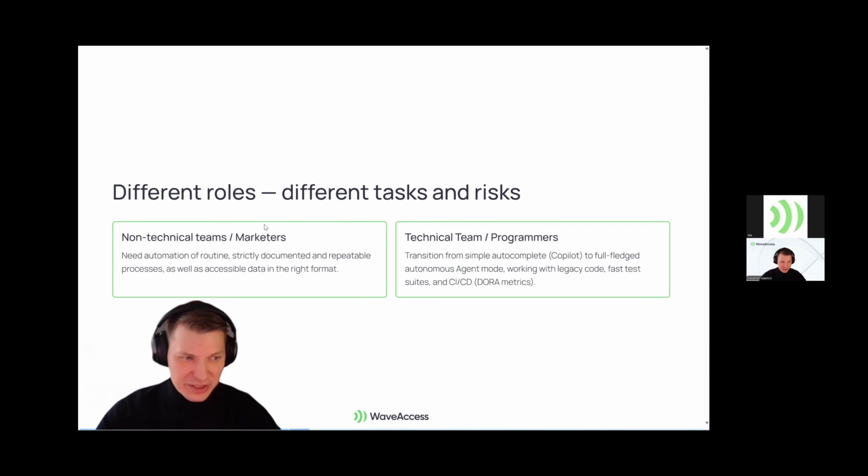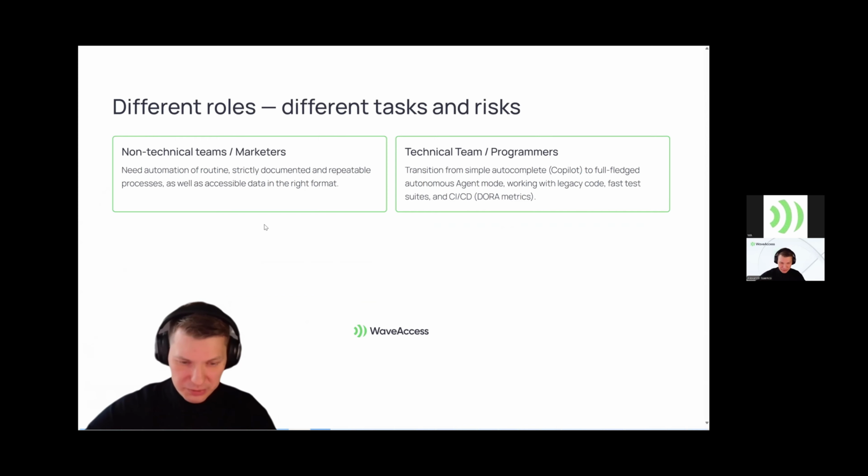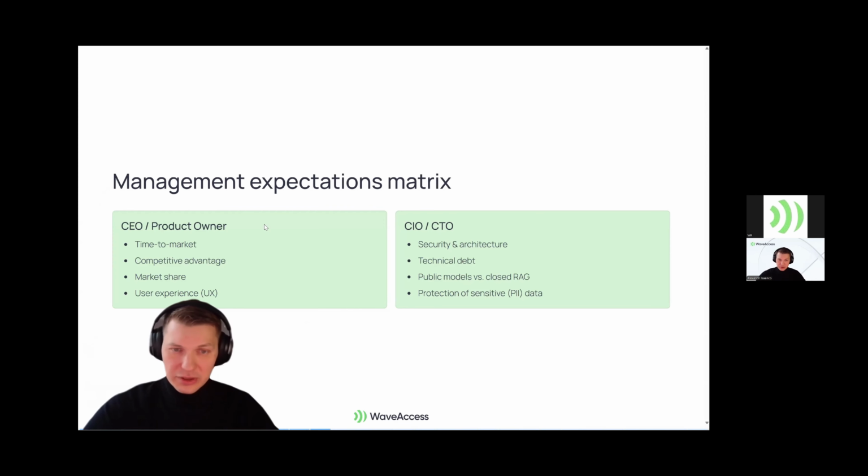I would say it's much harder to talk with a technical team than a non-technical team, because you must cover both non-technical optimization and technical optimization. And also, when you're talking to your management and trying to sell the idea of how to optimize processes and implement AI, there are different approaches. Again, CEOs or product owners are mostly non-technical people.